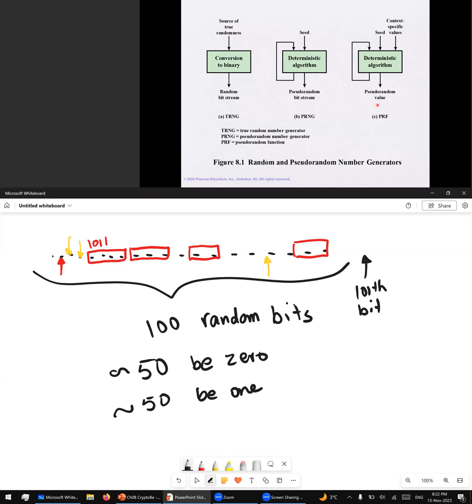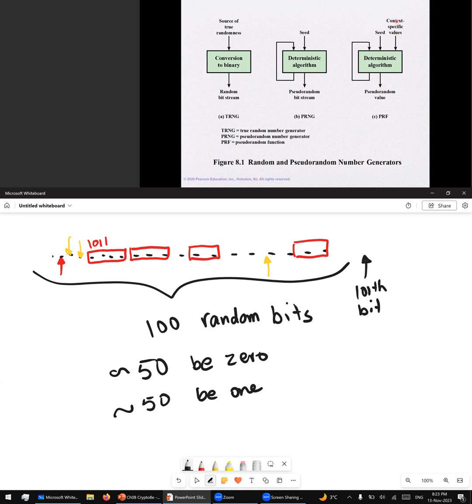Another notion that we have with random bit generators is a pseudo-random function. In this function, we not only have a seed, and not only are we providing a feedback loop with the algorithm, we also have some specific constant values that we're feeding into it. So you can see, it's a multi-input algorithm, and it gives us a pseudo-random value.